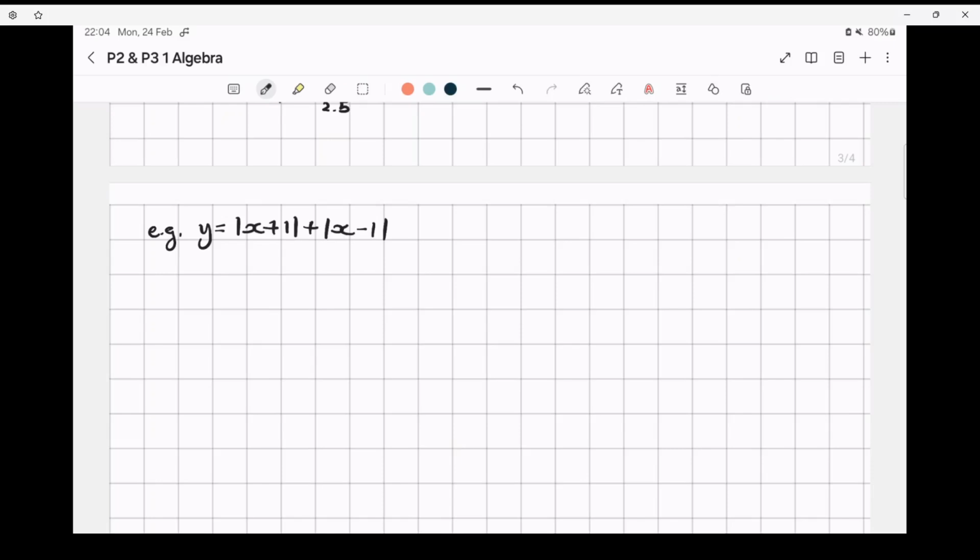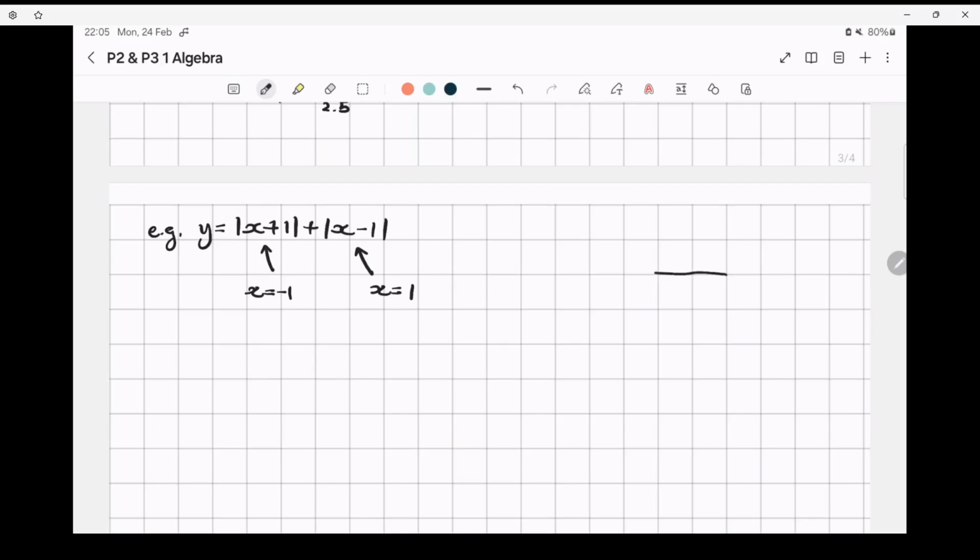It is easy, provided that you know exactly where is the lowest point for x plus 1 and where is the lowest point for x minus 1. So over here, the lowest point for x plus 1 is when x equals to minus 1. The whole function becomes 0. Whereas x minus 1, this is when x equals to 1.